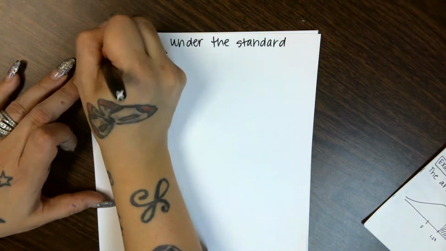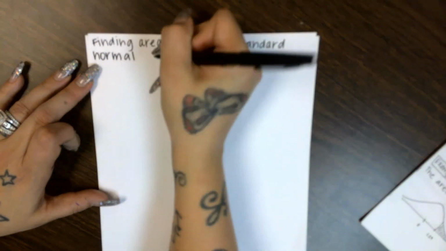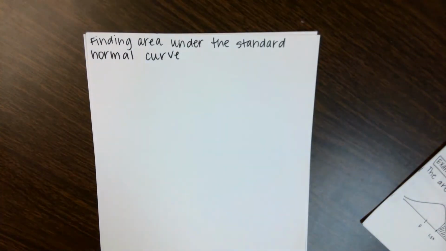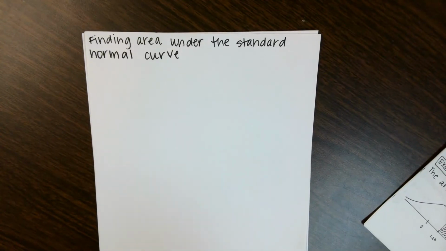standard normal curve. I was thinking about my fall semester coming up. I have developmental stats that I'm going to be teaching, and then I have a standalone stats, where everything I teach in 2.5 hours, they have to learn in 1 hour and 15 minutes. And I was getting anxious.